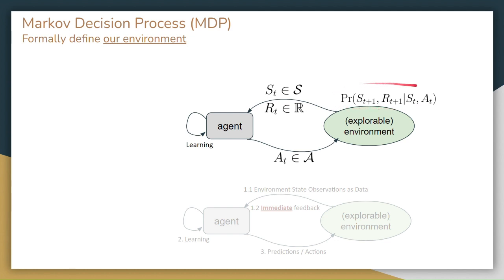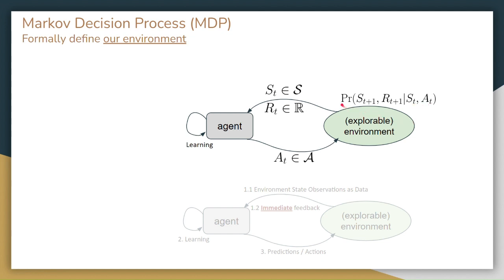It's a conditional probability: if the agent is in state S_t and the agent just performs the action A_t, the environment is going to generate the next state S_{t+1}, the state of the next time step, as well as the reward R_{t+1}, based on the current state and the action. This makes sense because we know that the new state and the new reward depend on the current state and the agent's action.